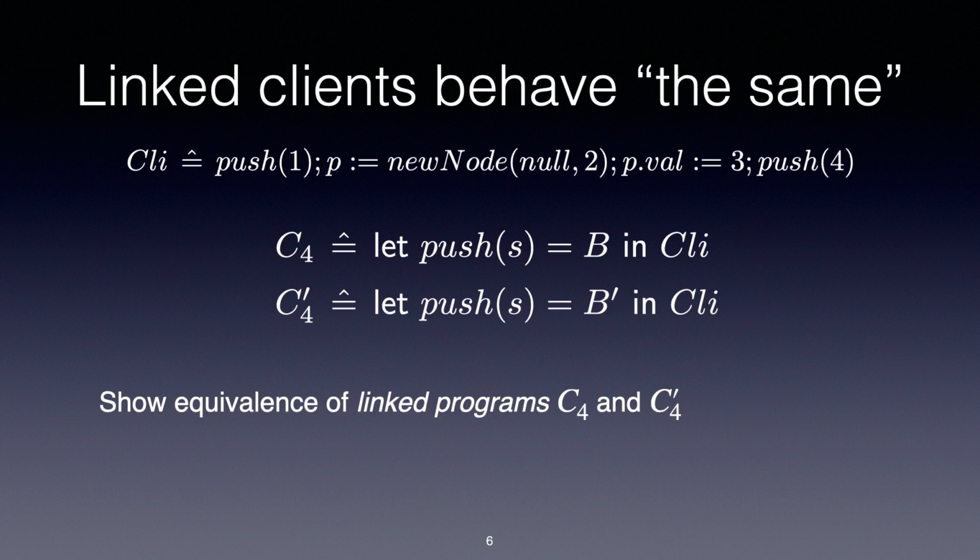This is the body, the implementation of push s, which is an interface method in cli. So that program C4 is equivalent to let push s equals b dash in cli. So the cli's are the same, but the implementations of push are different.